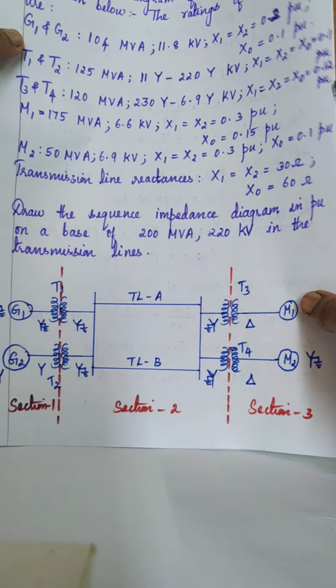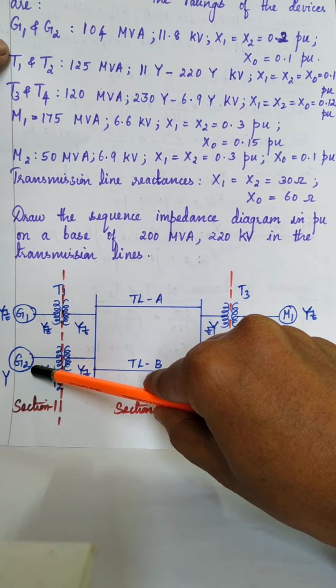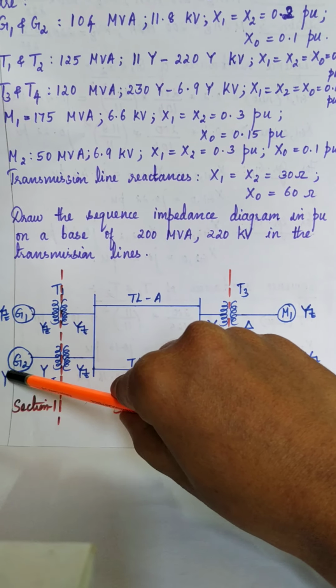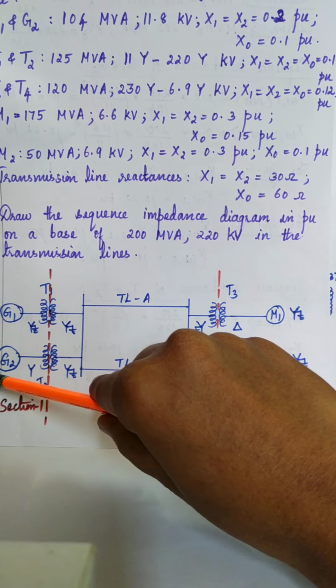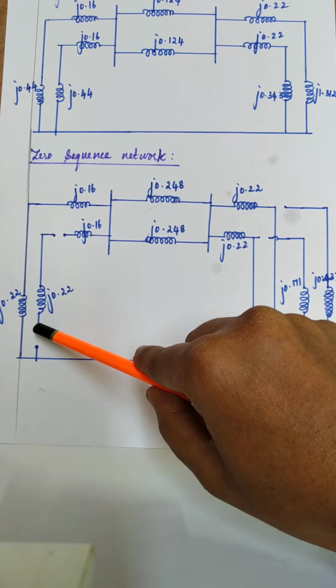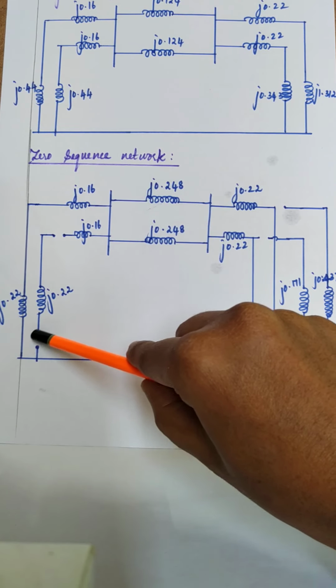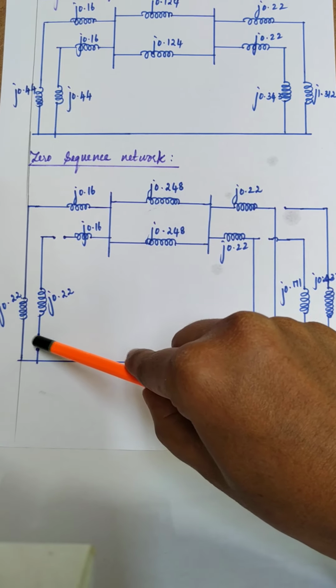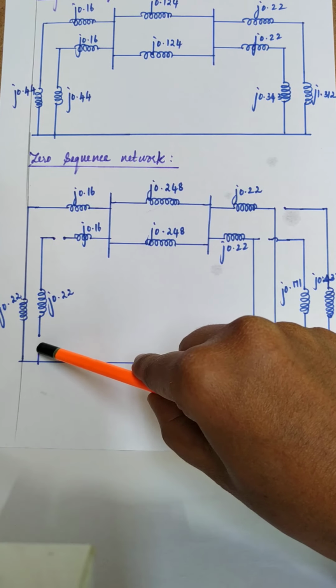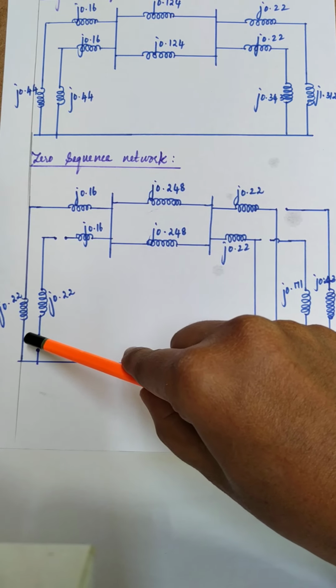Coming to G2, the zero sequence reactance is j0.22. But look at the grounding, it is left ungrounded. So it is an open path. Leave it open, which indicates that the star is not grounded.